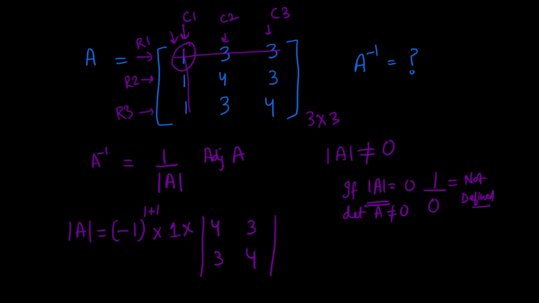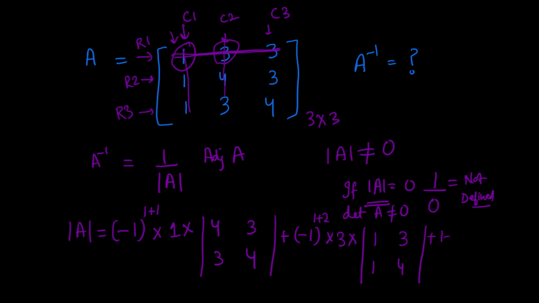Now the next portion is looking into A12, which is minus 1 to the power 1 plus 2, times the column 2 element, which is 3, times the determinant of the elements other than row 1 and column 2. If you leave row 1 and column 2, you will get 1, 1, 3 and 4.